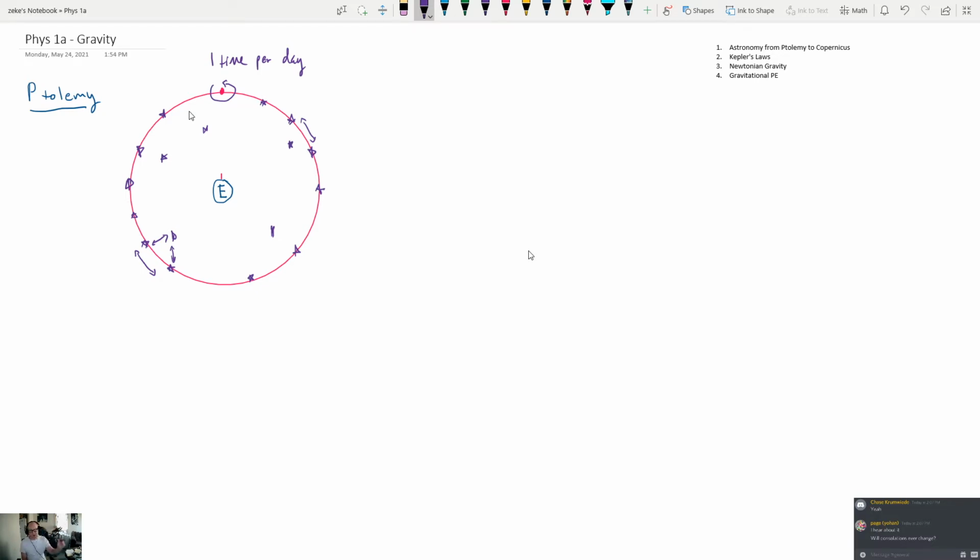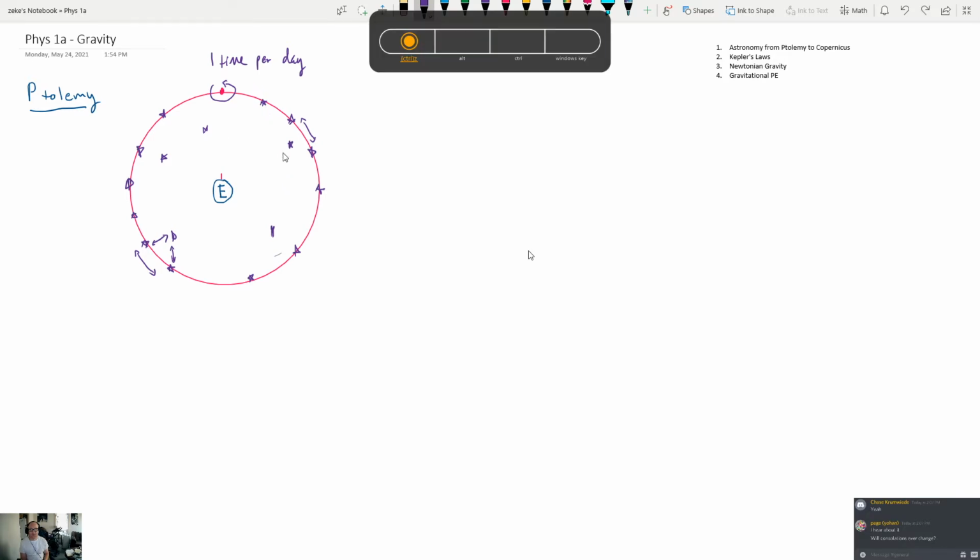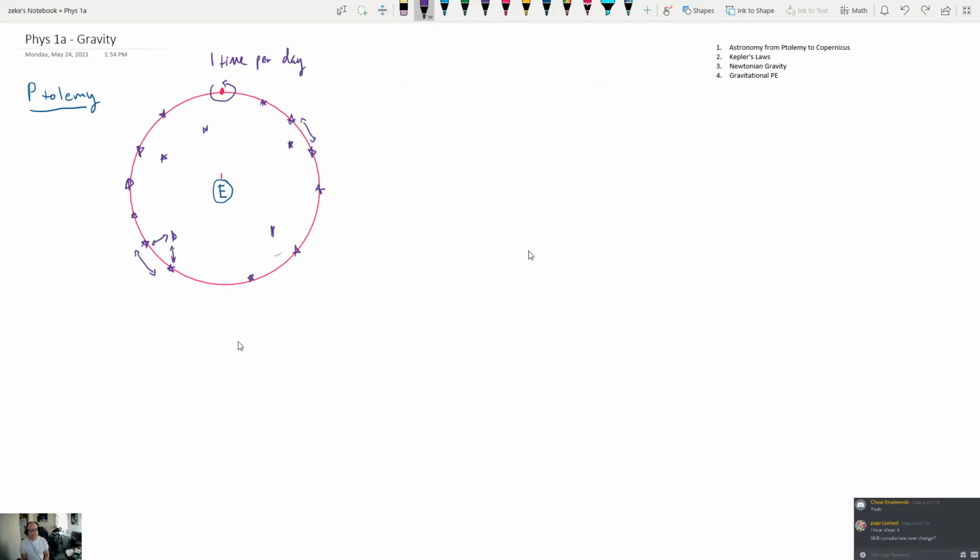So notice where it is, and then if you wait an hour or so, you'll notice the Big Dipper has basically rotated as if it was on an arm that's rotating throughout the night. It's rotating around the North Star, basically. So that was his explanation of the motion of the stars on a daily basis. And he thought that the Earth was still at the center, so there's no rotation of the Earth.